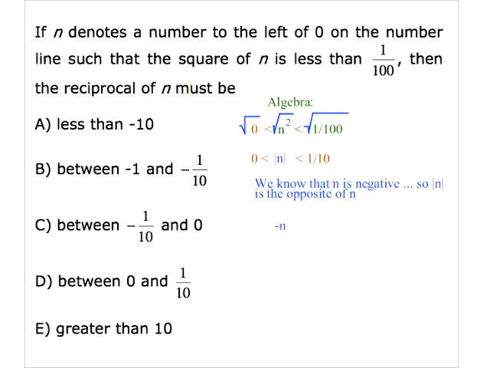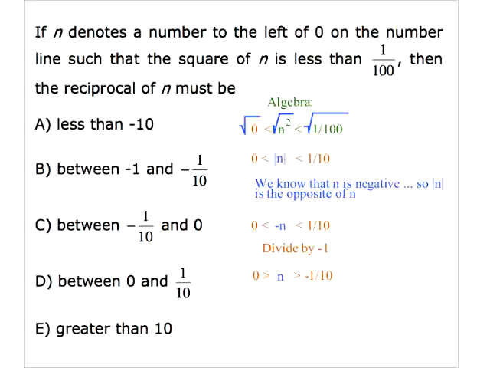So this can be replaced with negative n in that inequality. You can divide this whole thing by -1, and that gives this. That's your inequality for n.